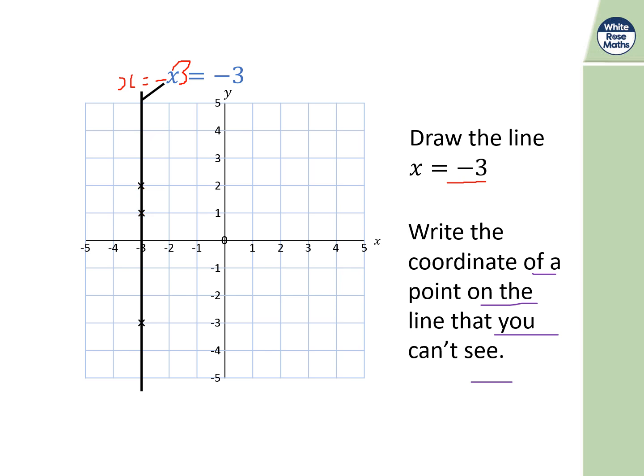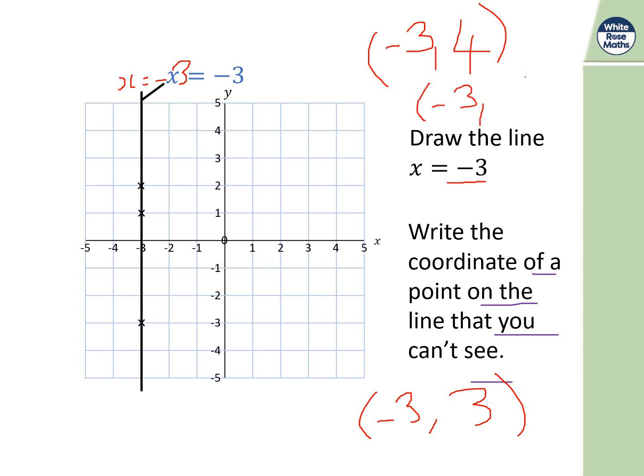So for example, here it's -3, that I can't see here. So for example, (-3, 3), (-3, 4), (-3, 5) and so on and so forth, or (-3, -1). As long as it's not (-3, 1) or (-3, 2), it can be any of the coordinates.